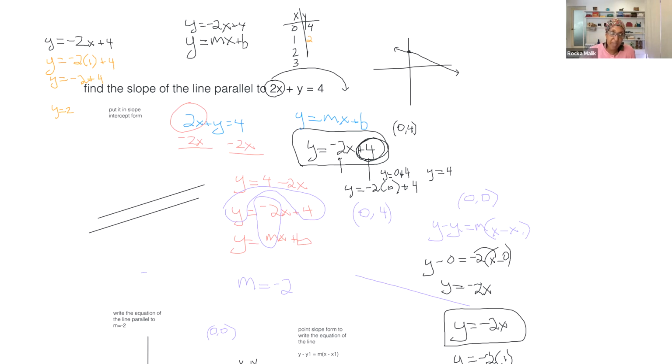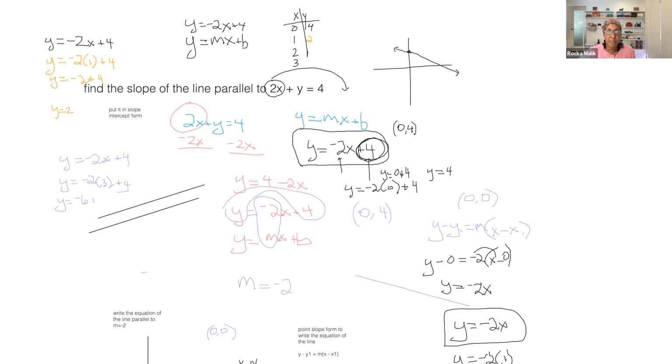And then I can go back and plug in 3 for x. This is my equation. I'm going to plug in 3. y equals -2 times 3. -2 times 3 is -6.